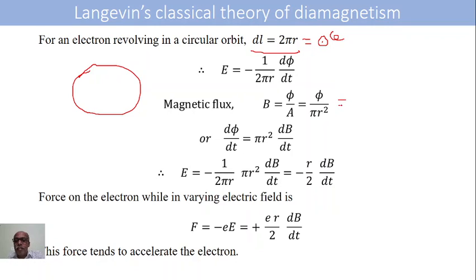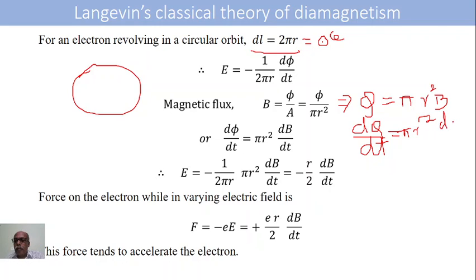This can be rewritten as phi equals pi r square into B. Differentiating this, we get d phi by dt equals pi r square, which is constant, into dB by dt. d phi by dt equals pi r square into dB by dt.